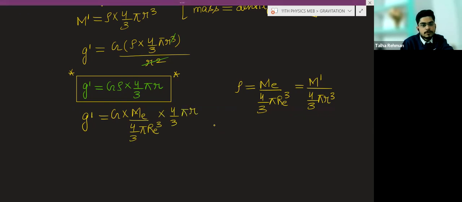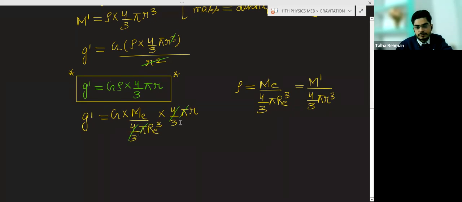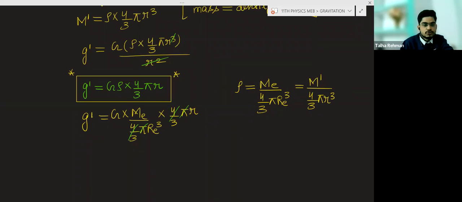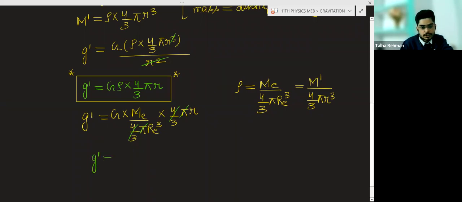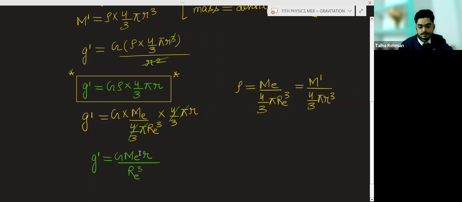Now this 4 upon 3 is cancelled out with 4 upon 3, this pi is cancelled out with pi, and this r will remain here. So this g dash, you will get g into mass of the earth, this is Me, and this is small r, and this is divided by radius of the earth and cube of this.